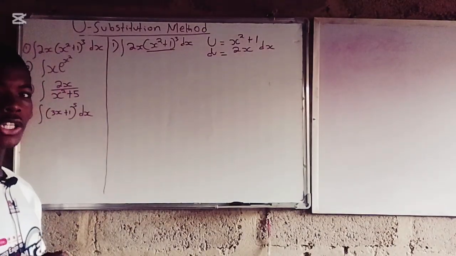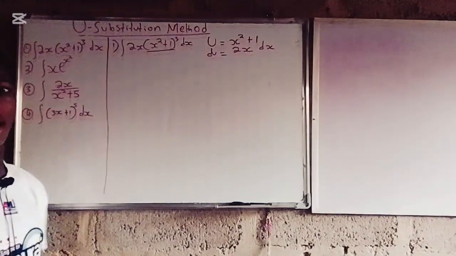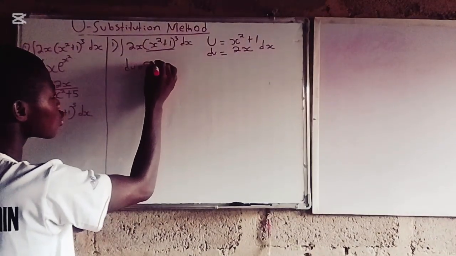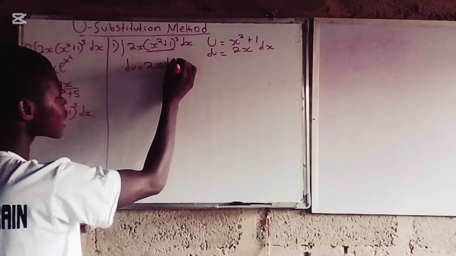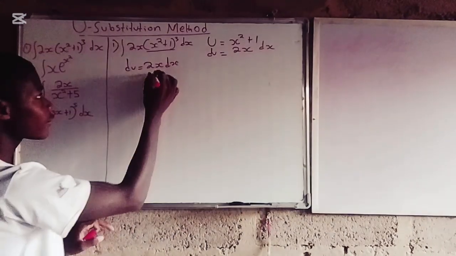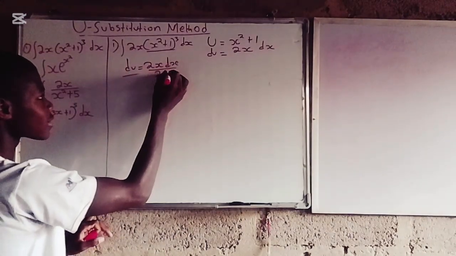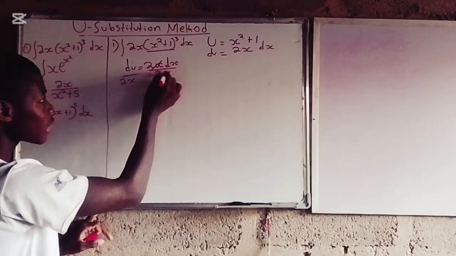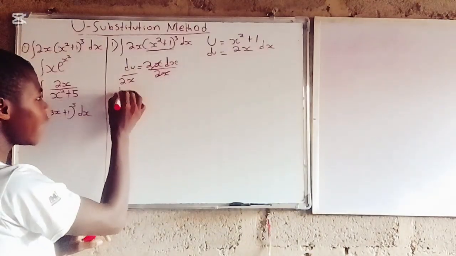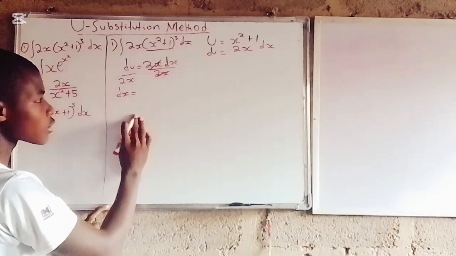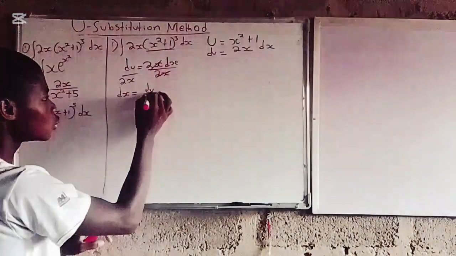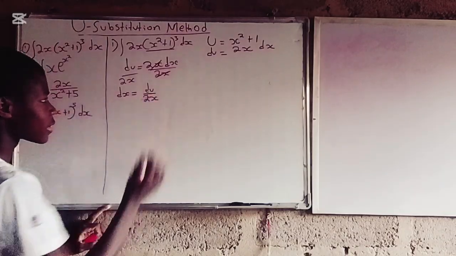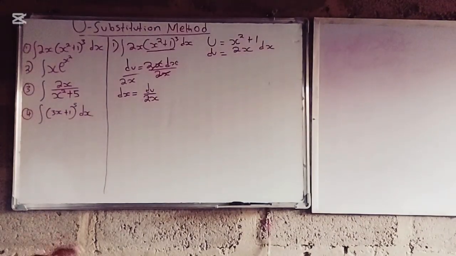The next thing that I'm going to do is find the value of dx. To find the value of dx, I say du equals 2x dx. Then I divide both sides by 2x. 2x will cancel 2x. At the end, dx equals du by 2x. I hope you get it.